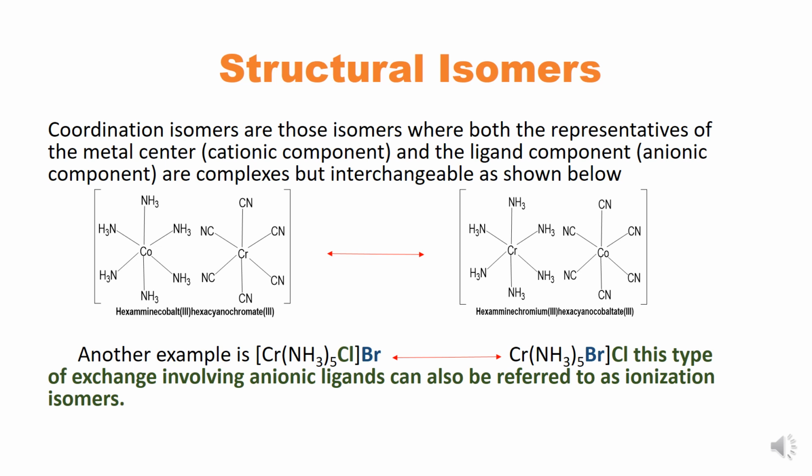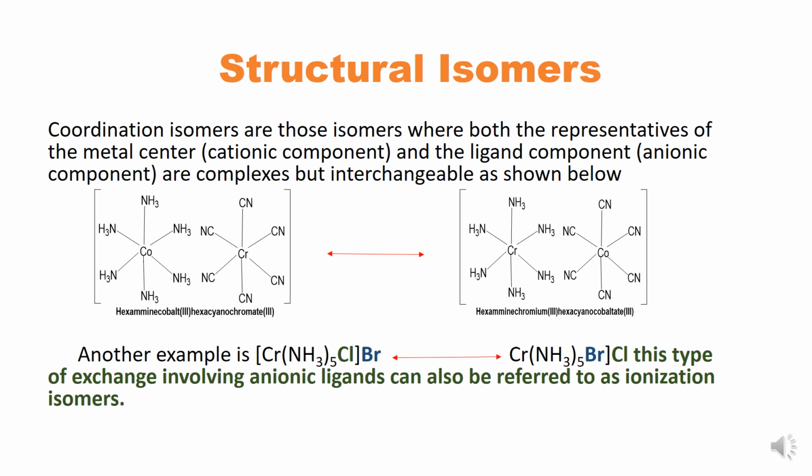You can see that the cyanide is now housing cobalt, while ammonia is now housing chromium. These two are known as coordination isomers. Hexaamine cobalt 3 hexacyanochromate 3 is a coordination isomer of hexaamine chromium 3 hexacyanocobaltate 3.